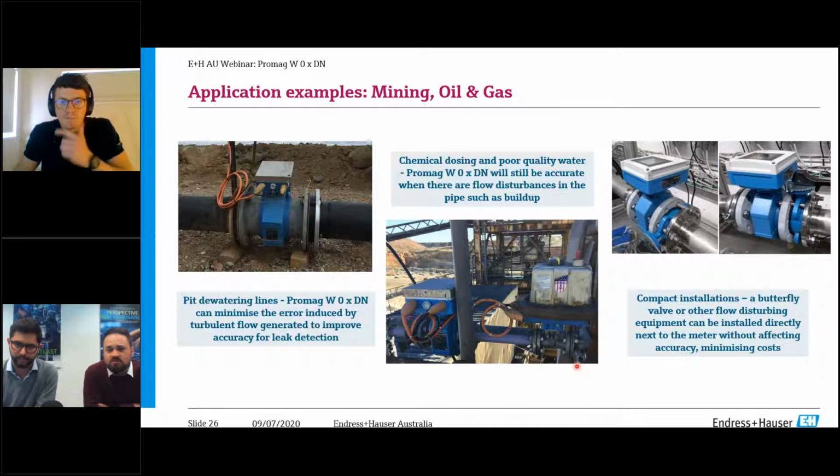In the middle there's a good example where poor quality water creates buildup on lines and then creates flow disturbances. That's a good example there on the processing plant.